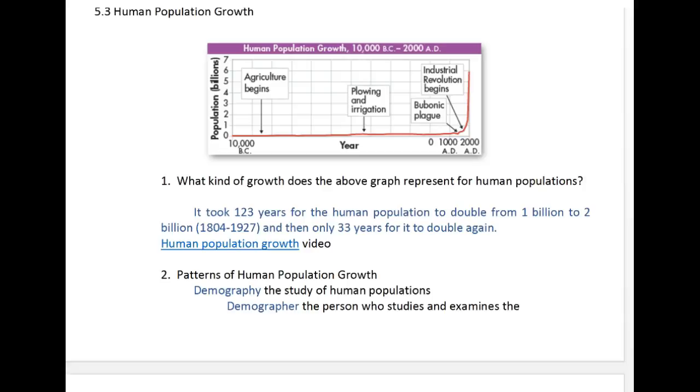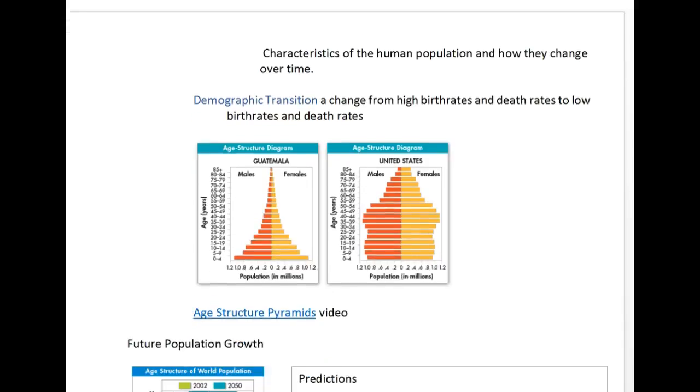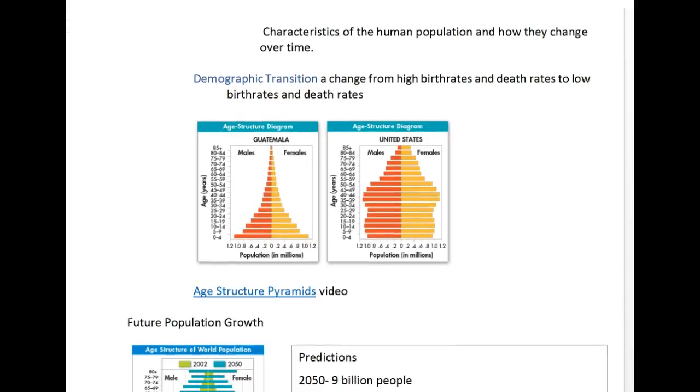So the next part of the chapter, we're going to talk about the patterns in human population growth. And the study of human populations is referred to as demography. And the scientist that studies those patterns is known as a demographer. So they look at the characteristics of human populations and how they change over time.